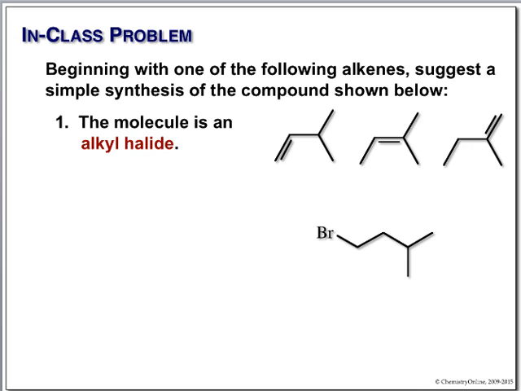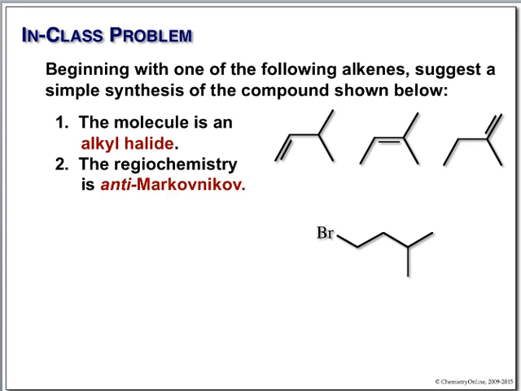You look and you say, is the bromine attached to the carbon that would give us the most stable carbocation? No. No, it's attached to a primary carbon. We have a tertiary sitting out here. So this is an anti-Markovnikov alkyl bromide.